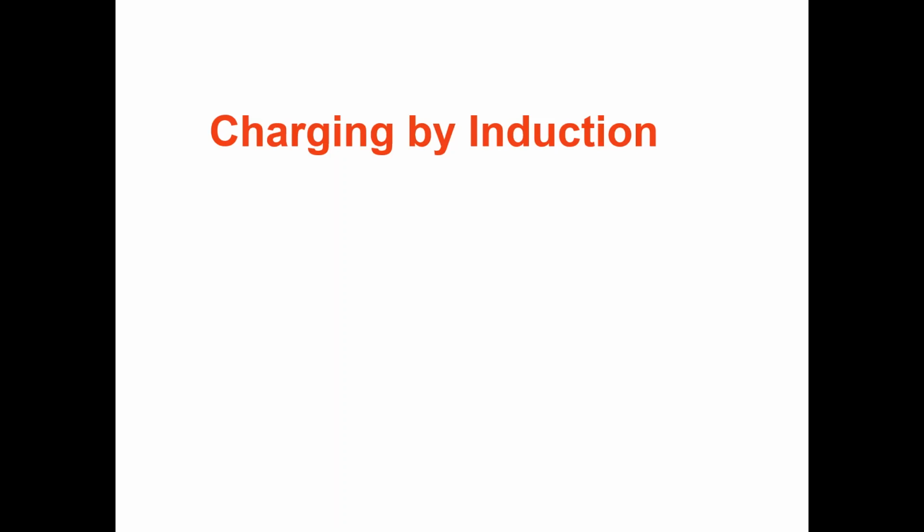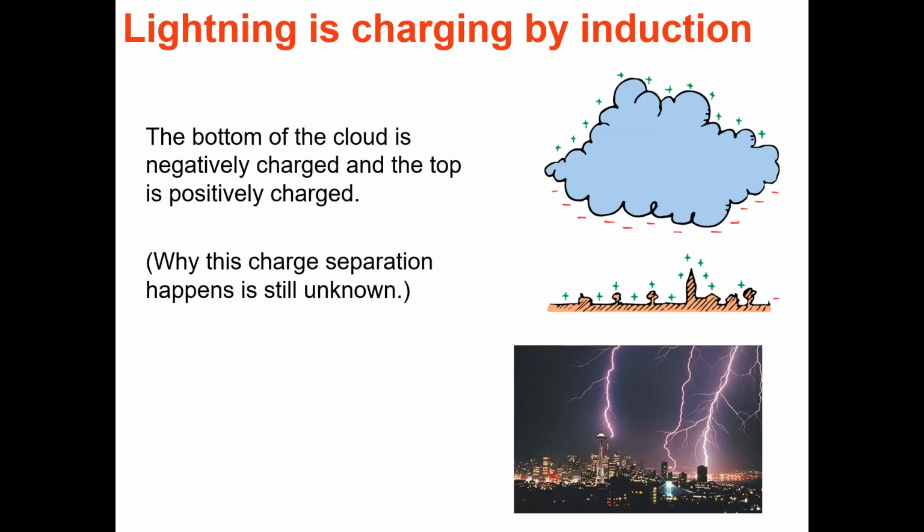Okay, charging by induction. Charging by induction means the charging of an object without direct contact. So lightning is actually done by induction. The bottom of the cloud is negatively charged. We look here, the top of the cloud is positively charged.